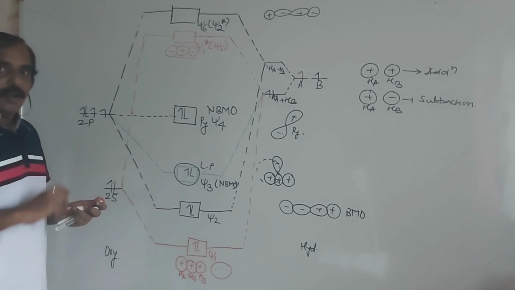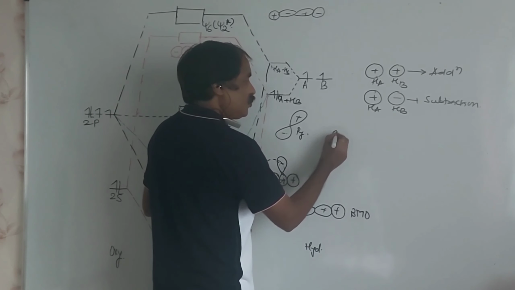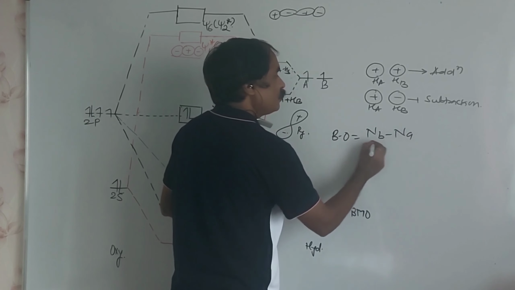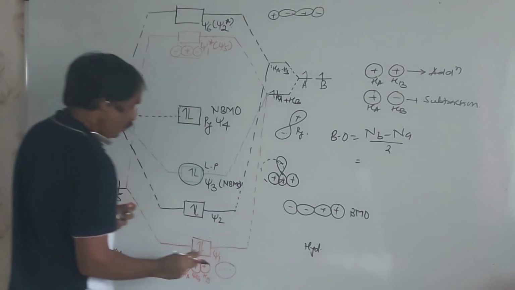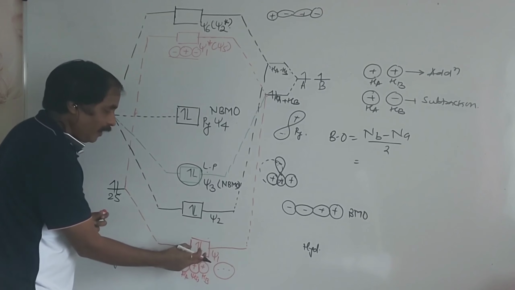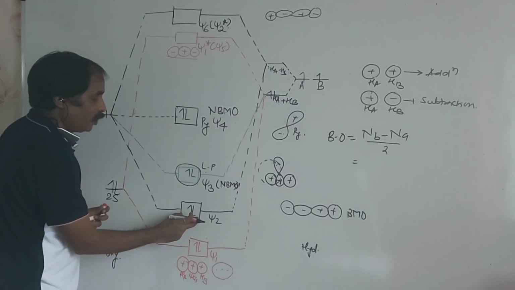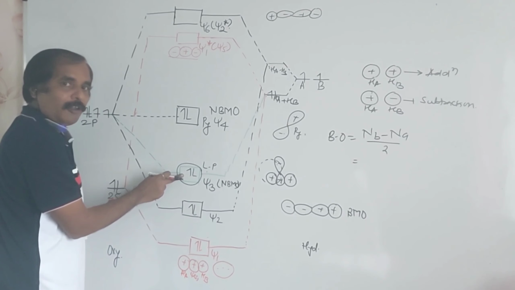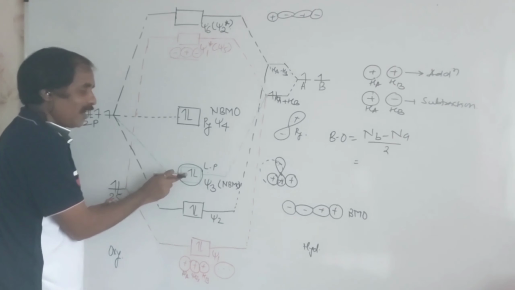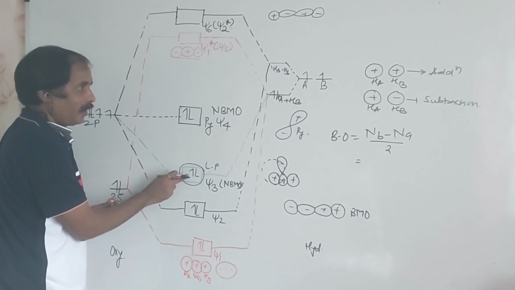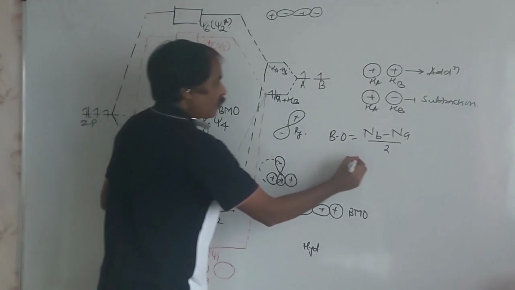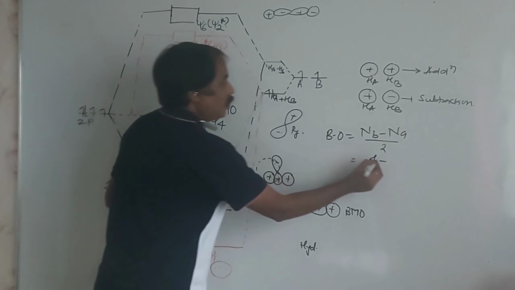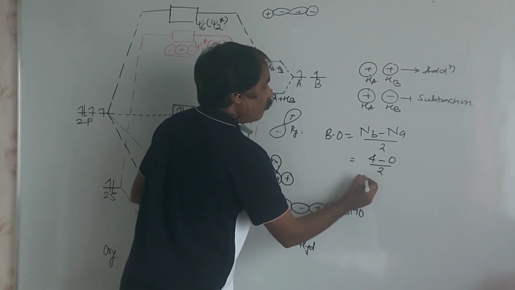Now what is the bond order? We know that the bond order is equal to Nb minus Na divided by 2. What is Nb? The total number of bonding molecular orbital electrons, 2 plus 2, 4. Don't consider these two, because maximum non-bonding character is present here in the psi3 molecular orbital. So 4 minus how many anti-bonding are there? 0, divided by 2, so the bond order is 2.